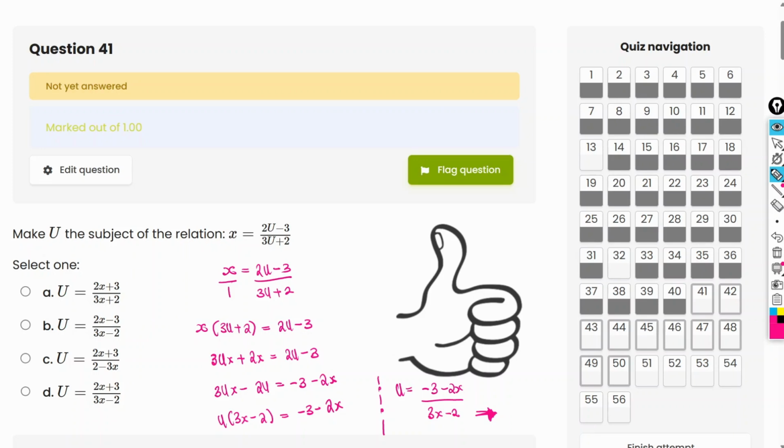So if I multiply the top by -1, I would have 3 plus 2x, or 2x plus 3. If I multiply the denominator by minus 1, I would have 2 minus 3x. So the correct option is 3 plus 2x over 2 minus 3x. That's option C. All right, 41 is C.